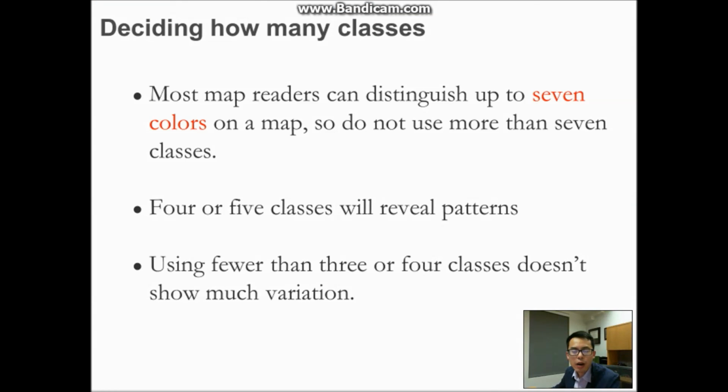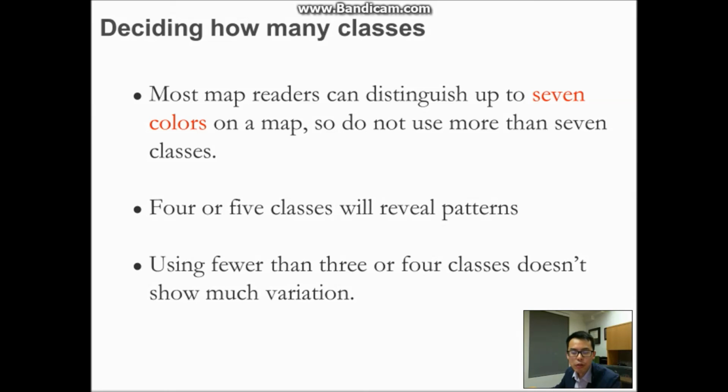Then when you think about categorizing your data, the first question is the number of colors or the number of classes on the map. Since most map readers can only distinguish up to 7 colors, I would say do not use more than 7 classes or categories.